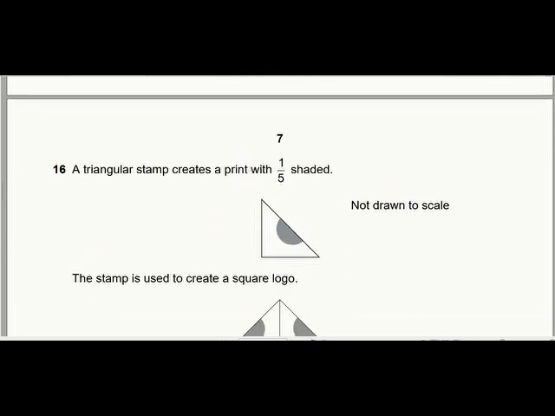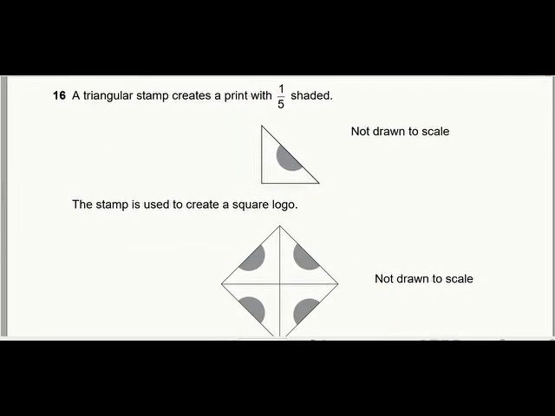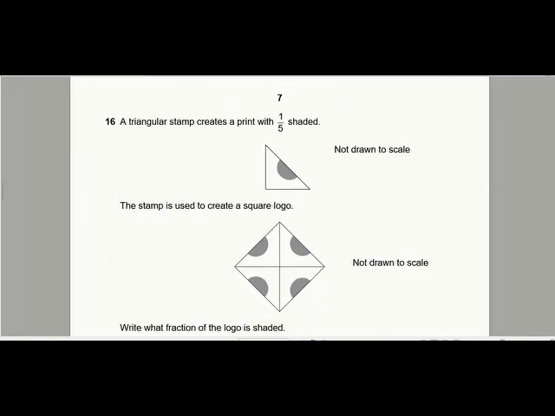So, exercise 16. A triangular stamp creates a print with 1/5 shaded. So this is not drawn to scale. Now, this is a tricky question. When I was explaining this, we were talking about an operation. What operation are we going to work here?